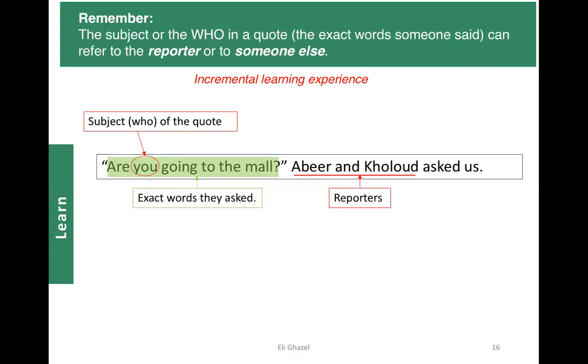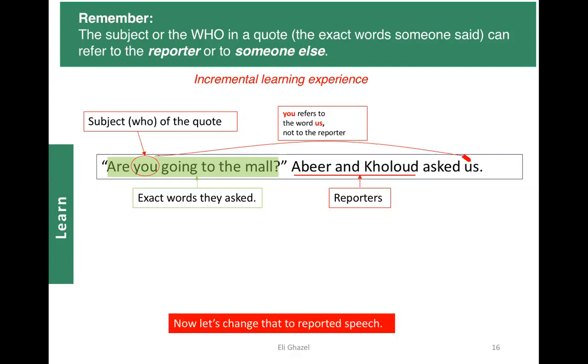Is it Abir and Khulud or is it us? So let's check. "Are you going to the mall?" If Abir and Khulud are saying you, they don't mean themselves. They mean the person that they're asking. And in this case, who are they asking? They're asking us. So you refers to the word us and not to Abir and Khulud.